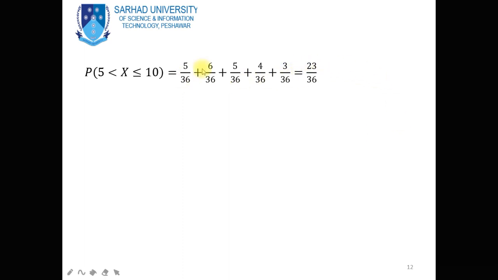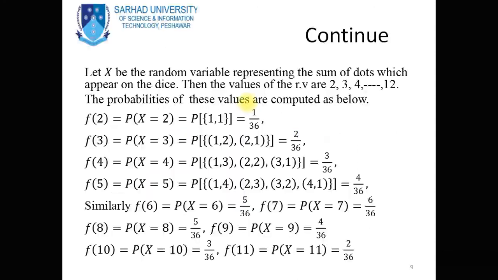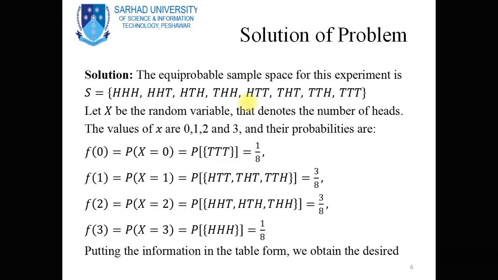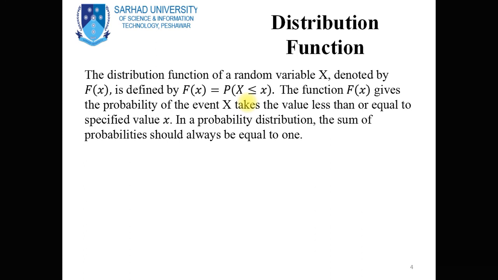Now dear students, these are the probabilities for x greater than 5 and x less than or equal to 10. So dear students, in this video lecture we have discussed the random variable and probability distribution. The probability distribution function of a random variable x is denoted by f of x.